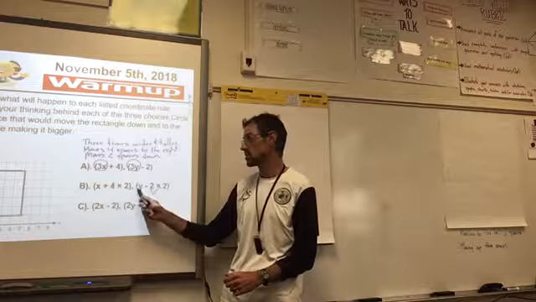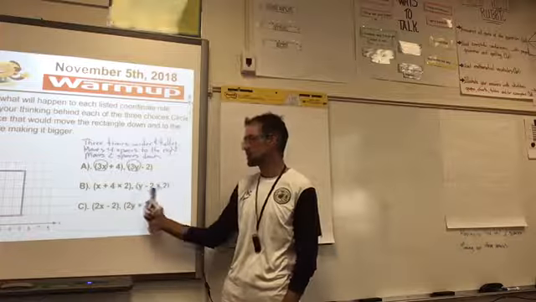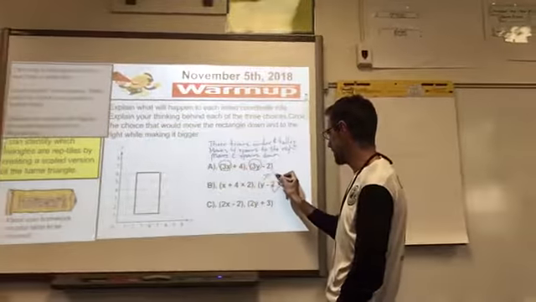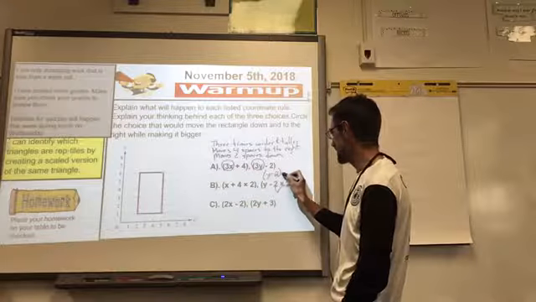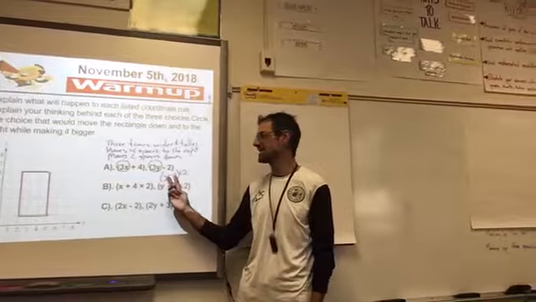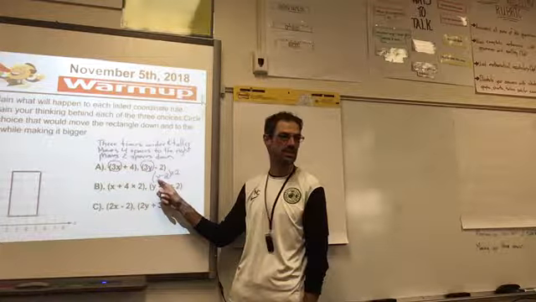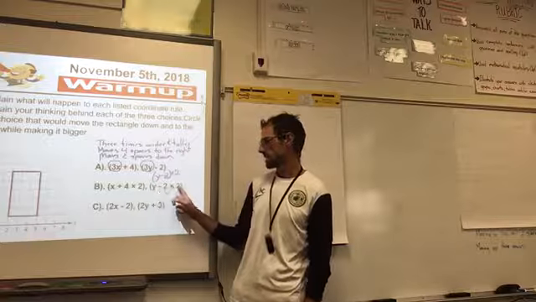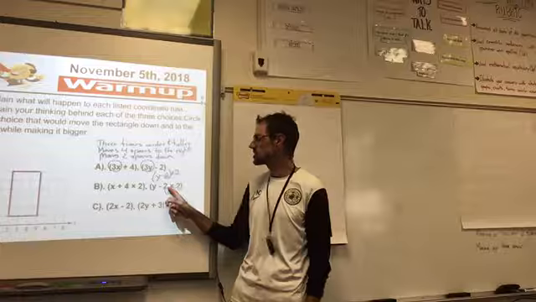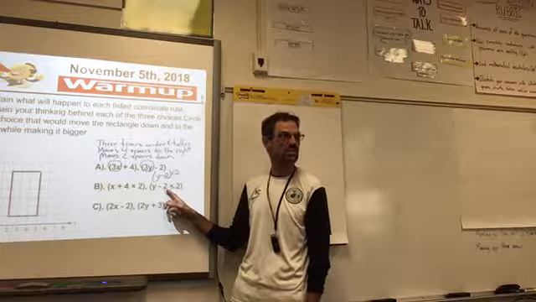I never take this 2 and multiply it into the y. There is no distributive property here. In order for there to be a distributive property, it would have to be written like this. I would have to have parentheses which say multiply the 2 by everything in the parentheses. But this 2 is in the parentheses. So the 2 is just multiplied by the 2. Y minus 4.